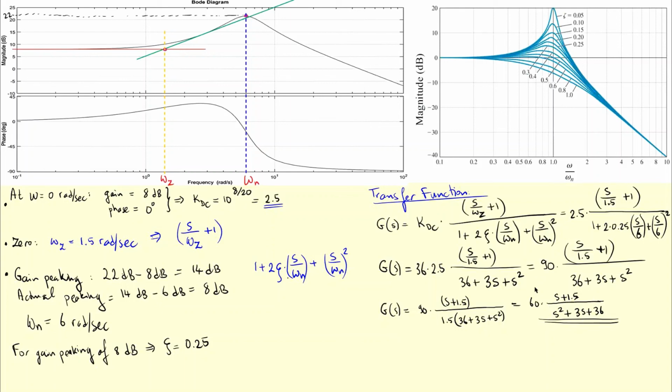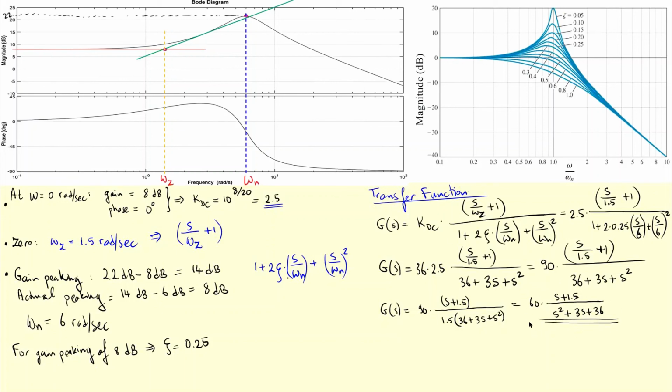If you plot this and compare it to the actual Bode plot, which is given in this example, there can be some differences. That is really normal. You might have a peaking that is a little bit larger or a little bit smaller, but you can already check something in this transfer function.